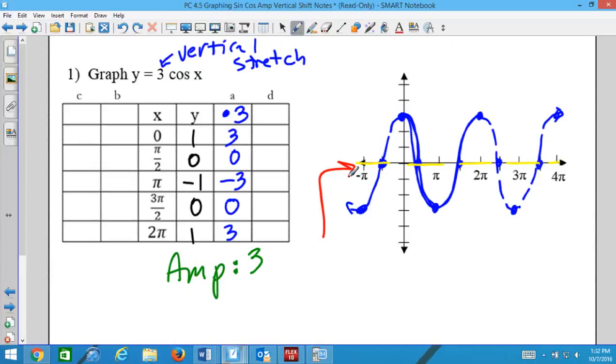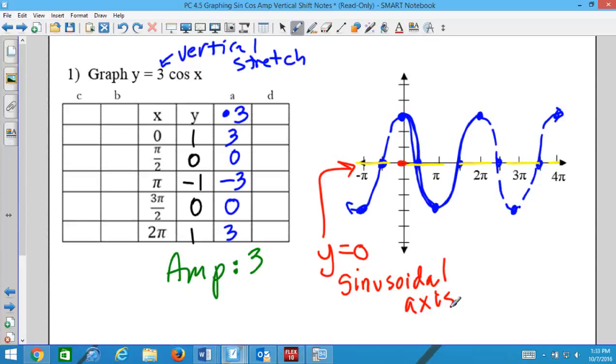Not x equals. y equals 0. So when we have y equals, that's saying that y is only at 0, x can be anything. So that you'll see on the last page, they refer to as the, I don't know if right, sinusoidal axis. That's what they call that.